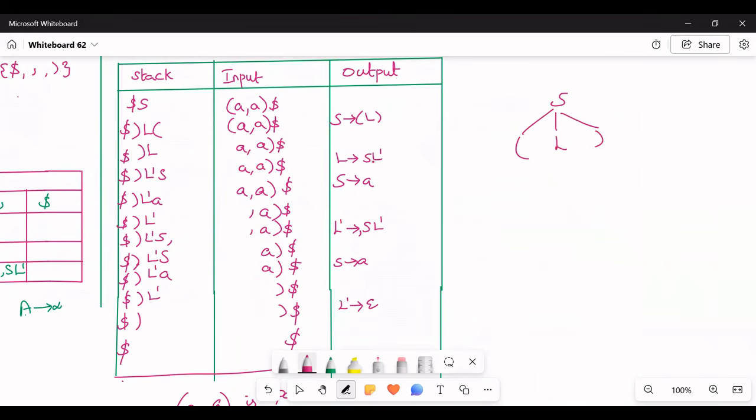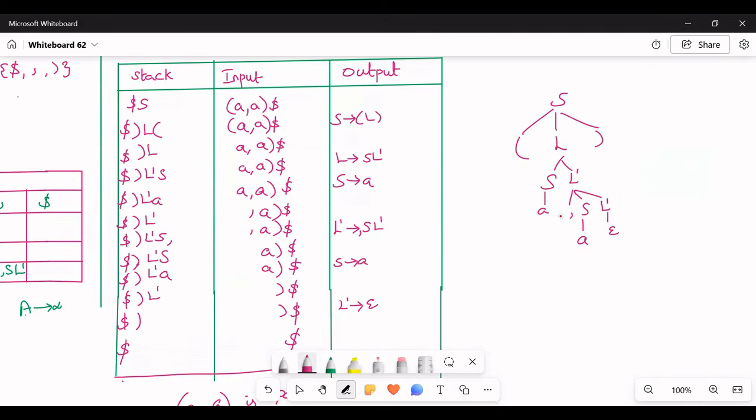Then L is replaced by SL dash. Then S is replaced by A. Then L dash is expanded with comma SL dash. Then S is expanded with A. Then L dash is expanded with epsilon.